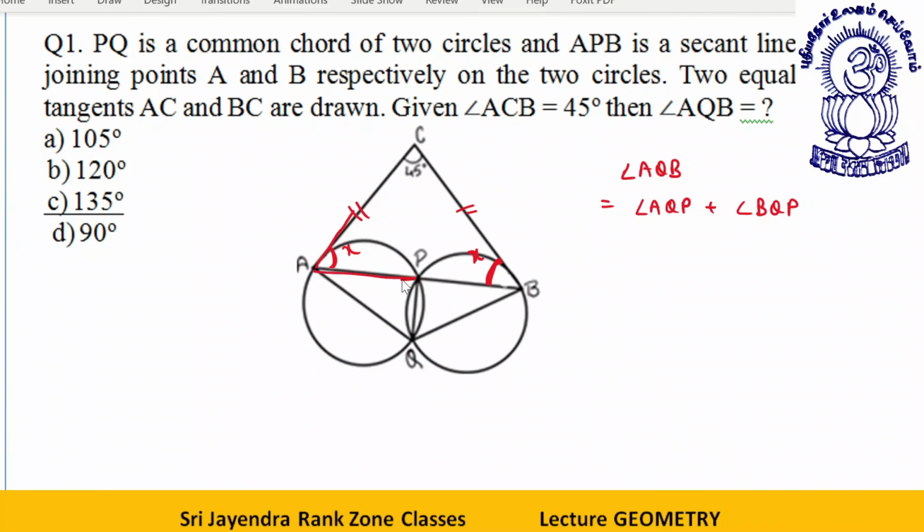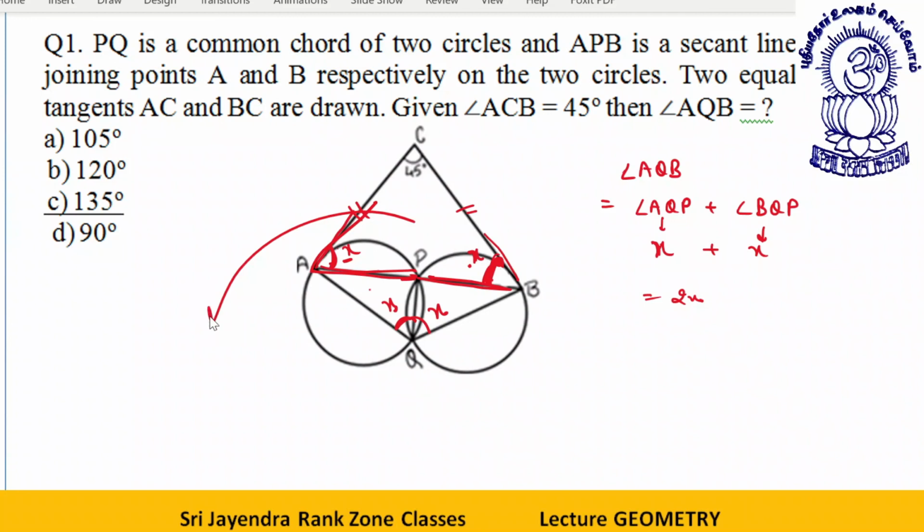So angle X is between a chord and a tangent in this segment, so this chord will subtend the same angle X in this segment. Again, this is the chord and this is the tangent. If this is X, this will also be X. So I can say this is X plus X, which is equal to 2X.